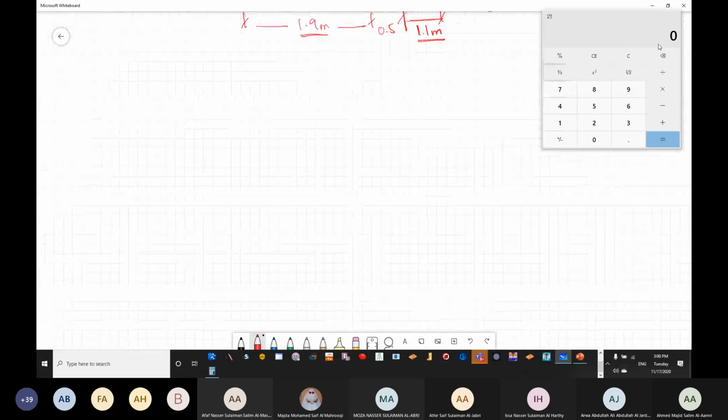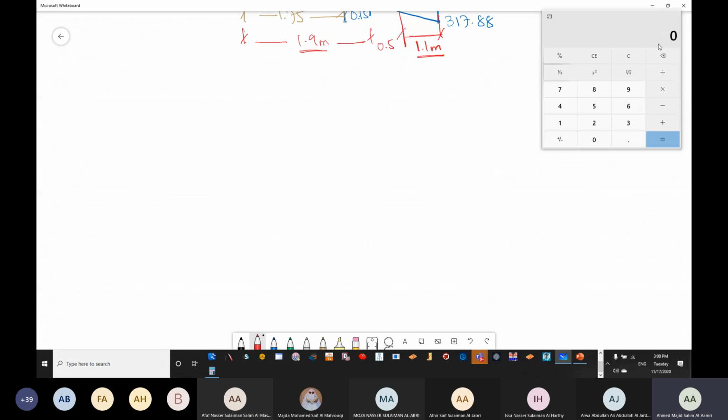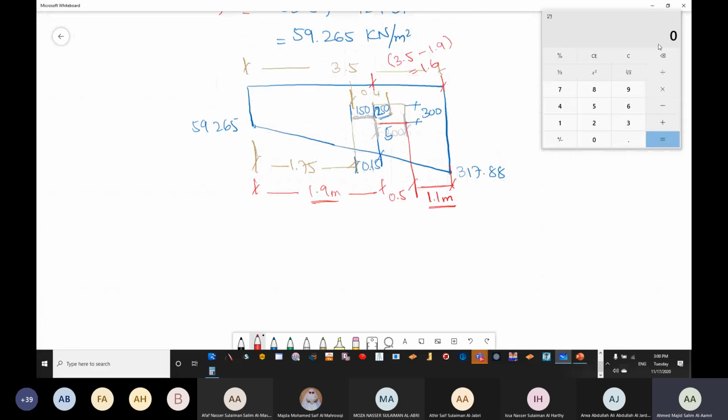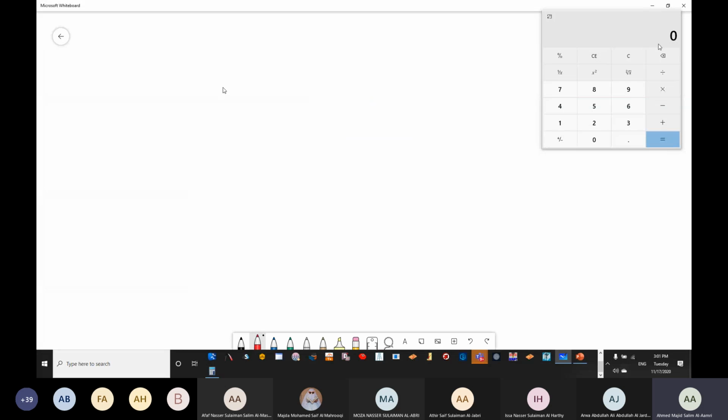Now, after whatever we have done, I'll just open a new whiteboard because there's no place here. So what we agreed, we have a foundation here, and then we have a column.